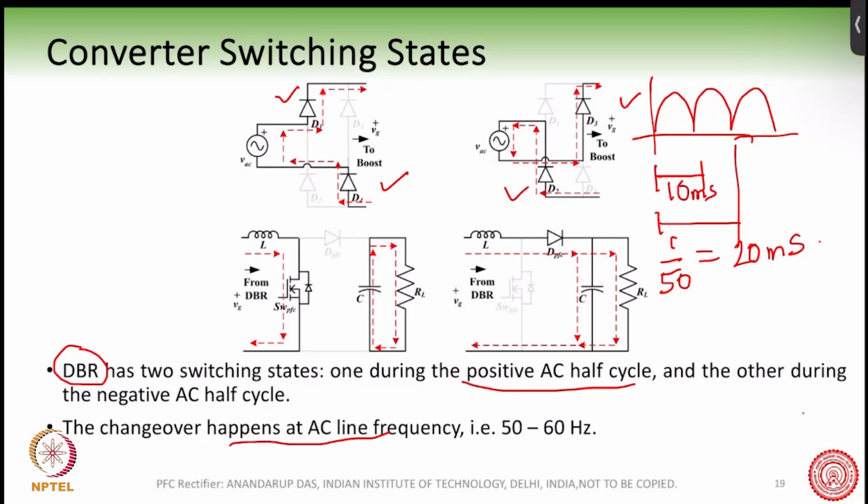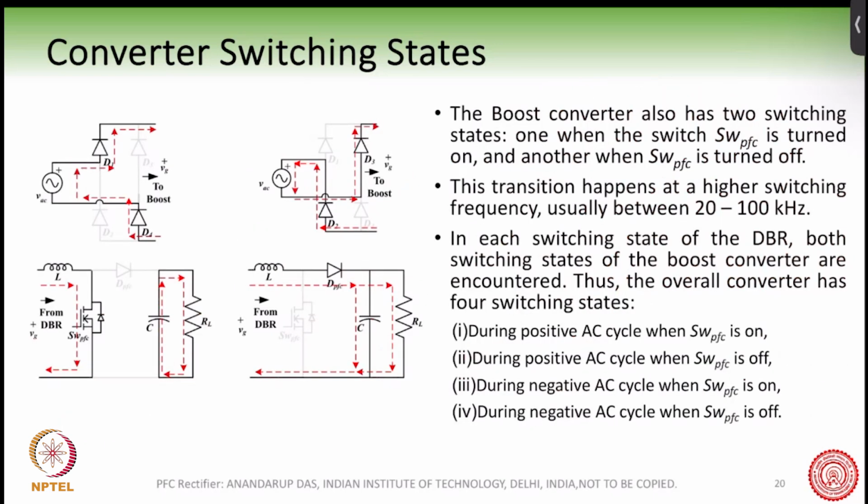So this changeover is happening in the millisecond range, and the diode bridge rectifier is always alternating between the positive AC cycle and the negative AC cycle. But on the other hand, from the boost converter perspective, the boost converter also has two switching states, and you can understand it is like a traditional boost converter.